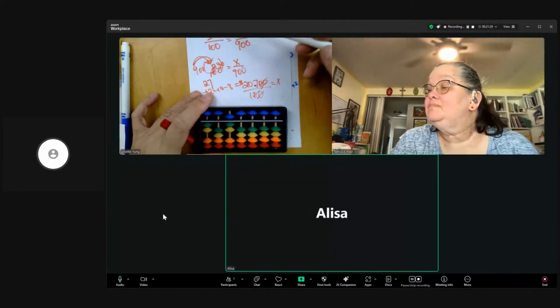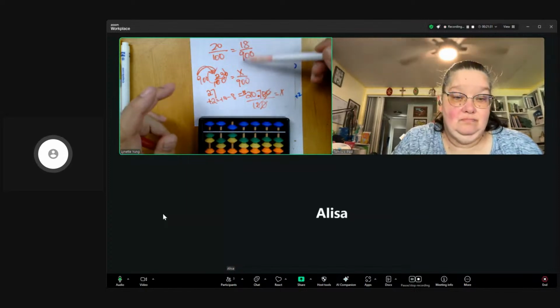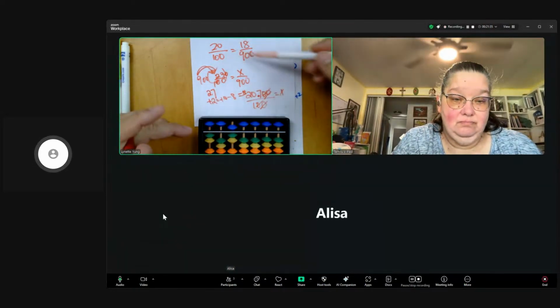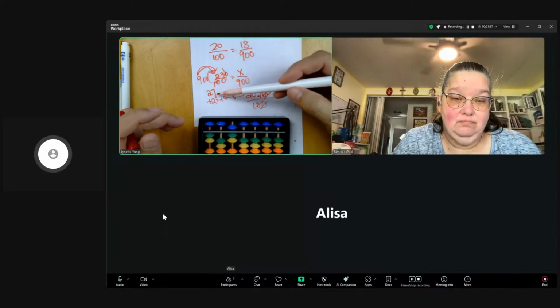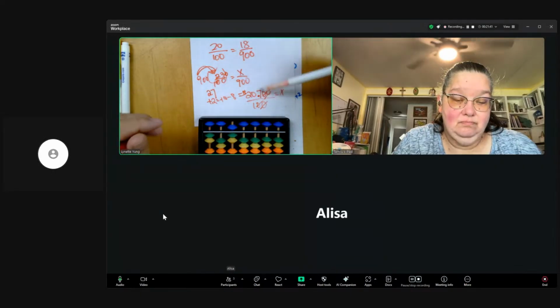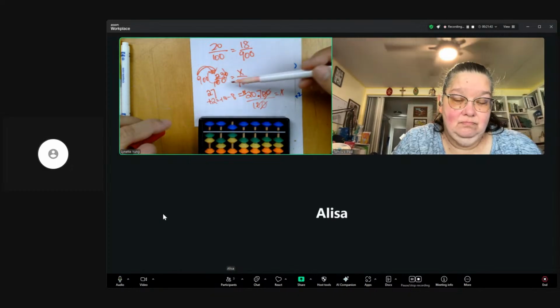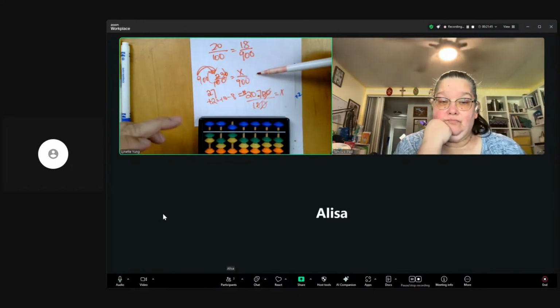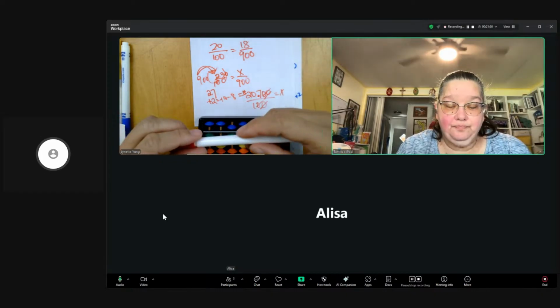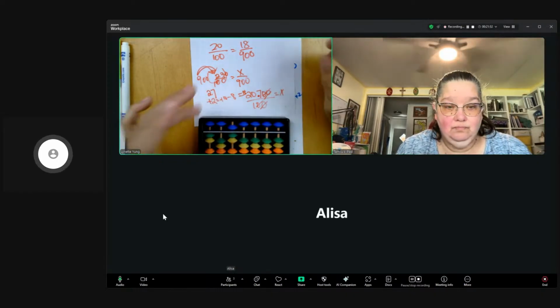So that's coming down, but that won't be until after I figure out how to do multiplication, division on the abacus. And then it would still go through the same plus 5, minus 5, plus 10, minus 10, but it would also be in percentage form. So it's just breaking it up and then making word problems out of it.